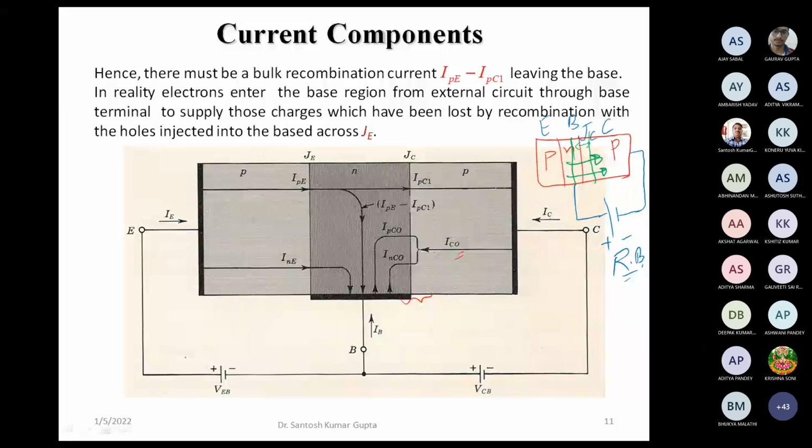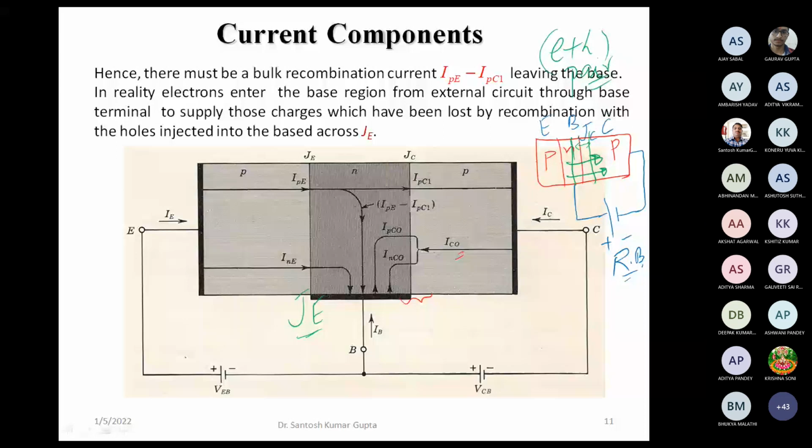In the depletion region, suppose some electron hole pairs are generated due to thermal agitation. This was not the case in the forward biased junction. The emitter junction was forward biased, so there is no depletion region there, and we don't see this phenomenon at the emitter junction.